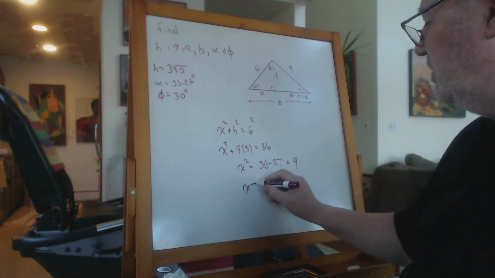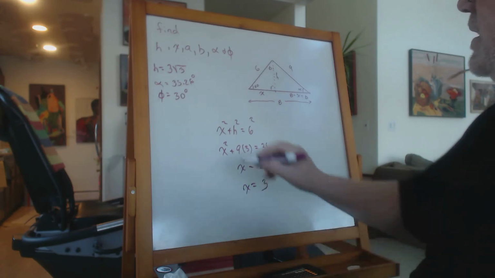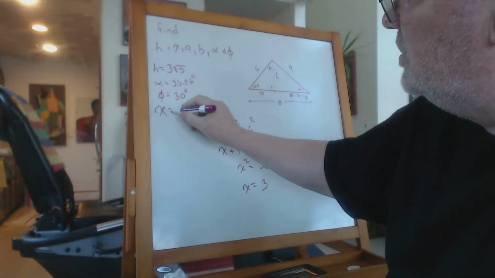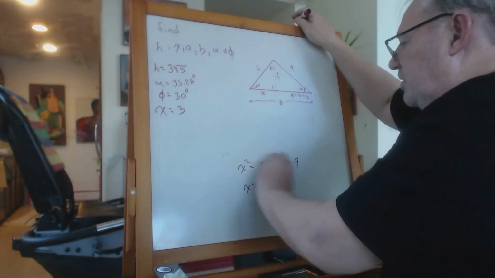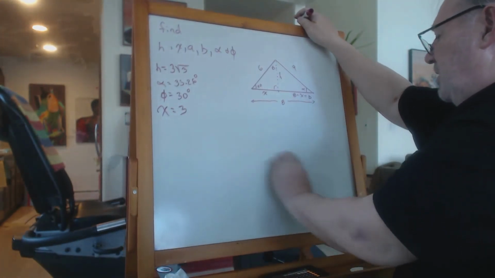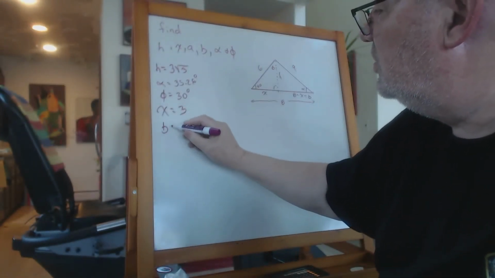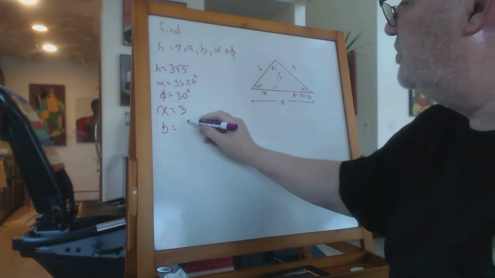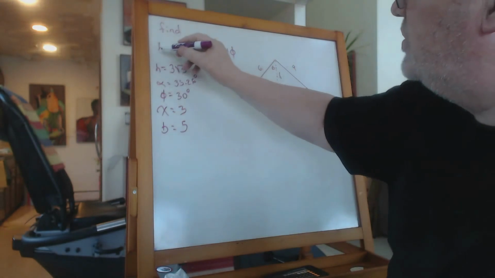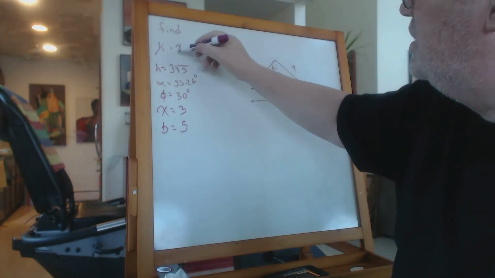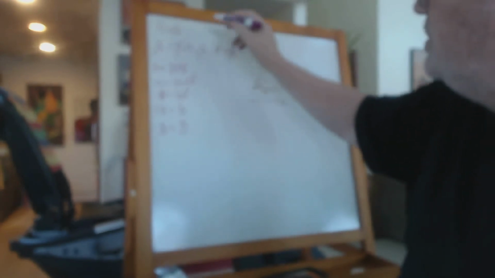So x equals 3. And now b is 8 minus 3, so b is equal to 5. So we're already crossing off. We got h, x, alpha, phi, and we got b.